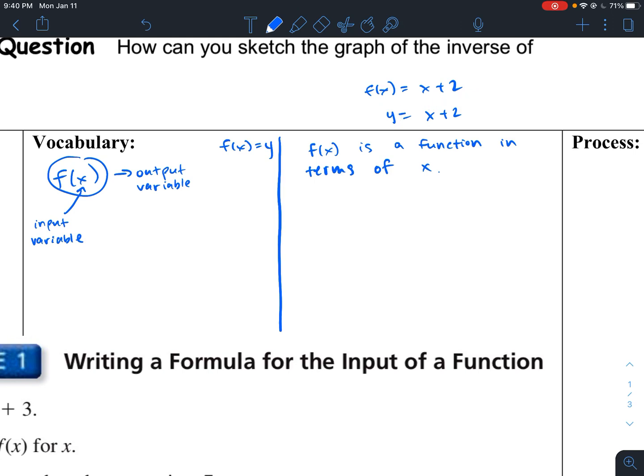Now, the goal for today is to find an equation for the inputs rather than the outputs.